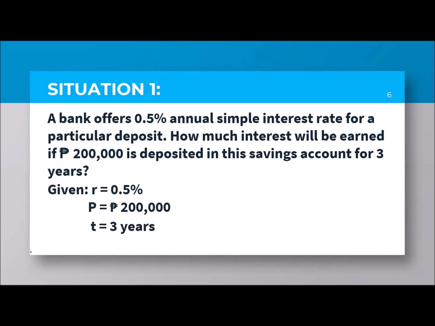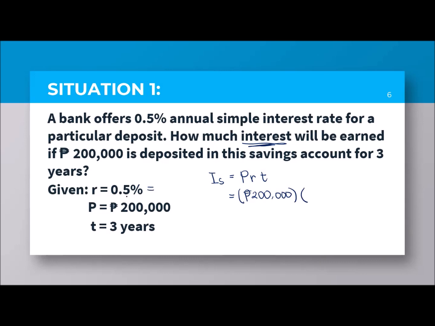Okay? Let us now solve this problem using the formula that I've shown to you. We have here I sub S is equal to PRT. So, hinahanap natin dito is yung I sub S o yung mismong interest natin. So, P pertains to 200,000 pesos. Substitute lang natin.